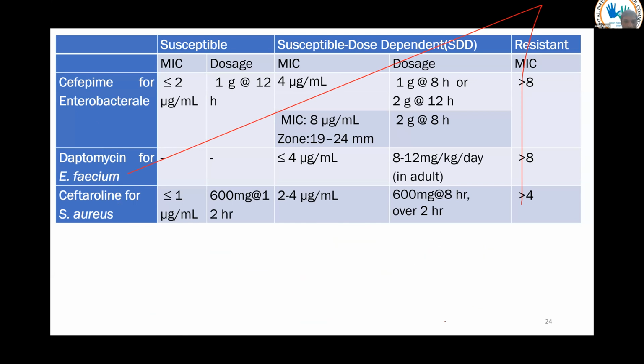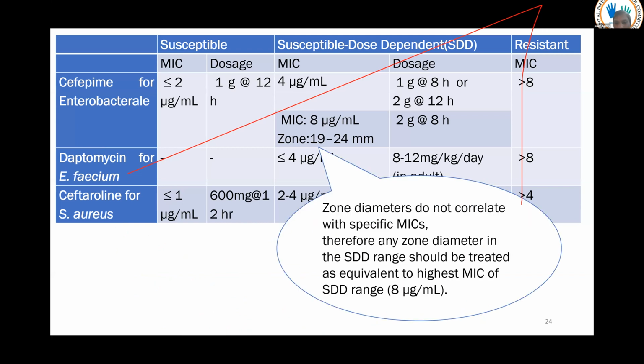However, as far as zone diameter is concerned, the zone diameter does not correlate with specific MICs. Therefore, if the zone diameter falls under SDD breakpoint, then the dose has to be the highest SDD dose, that is 2 gram TDS.